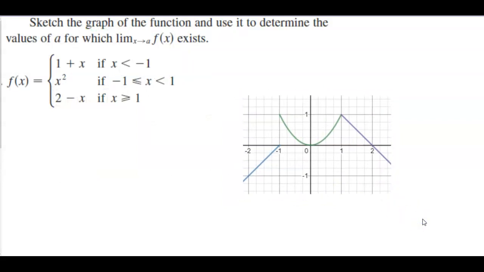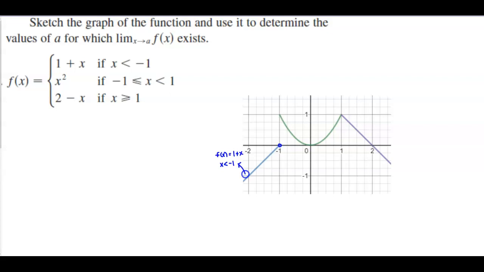Okay, so again, let's go ahead and fill in this information. So we know that this line here represents f of x, where it's equal to 1 plus x, where x is less than -1. So that means at -1 we have an open circle.